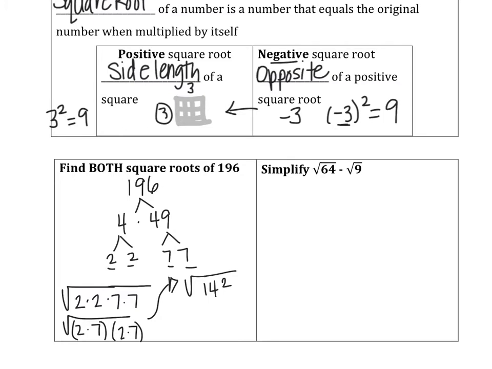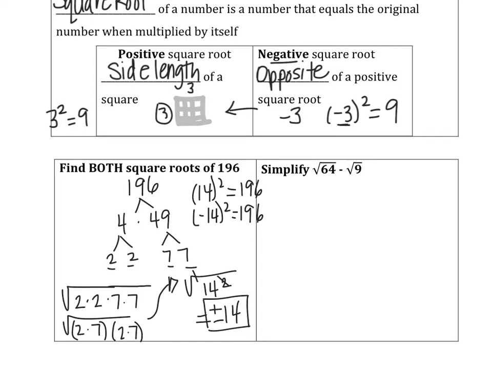The square root of 14 squared, a principle of math is that a square root cancels out a square, so it is going to be 14. But we want both square roots, so it's positive or negative 14. What that means is 14 squared is 196, and negative 14 squared is also 196. So both the positive and the negative of 14 make 196.